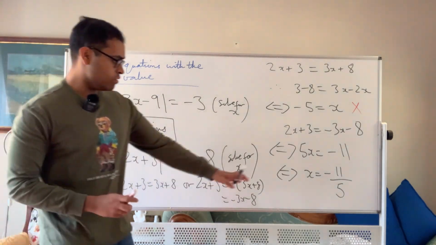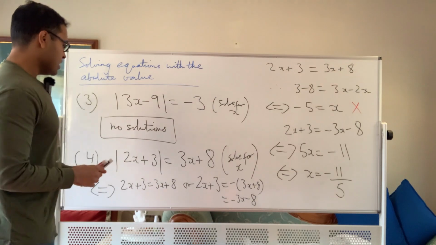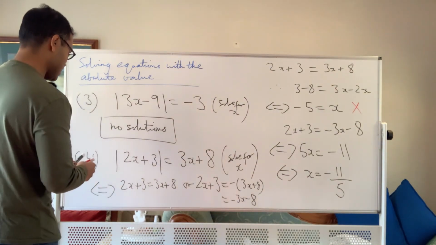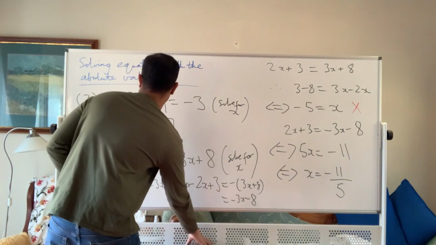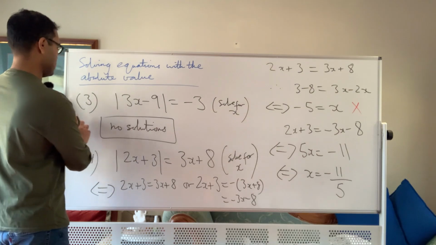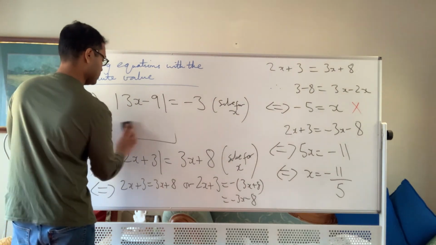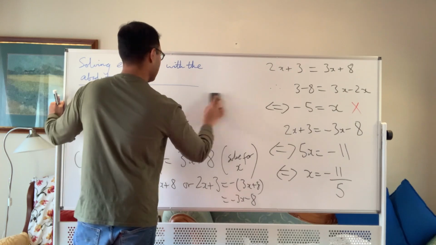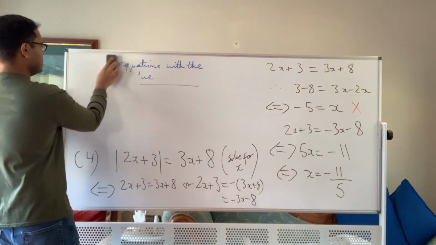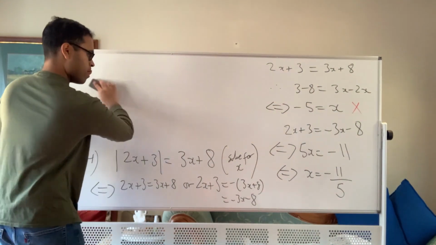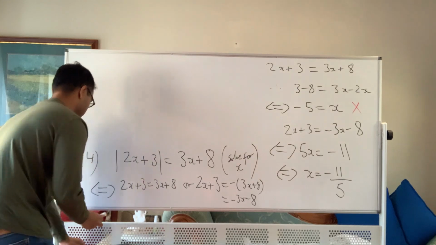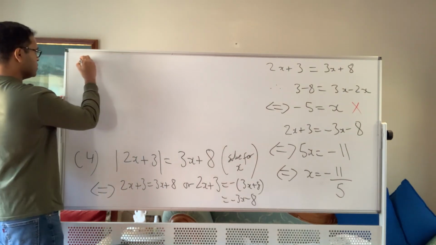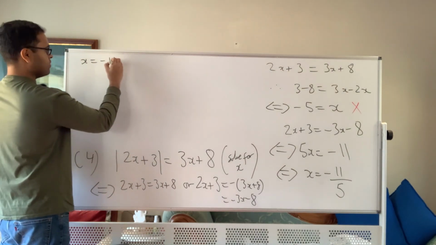But if I take x equal to minus 11 over 5, I can plug it into this equation and check. Let's do that. So plug in x equals minus 11 over 5.